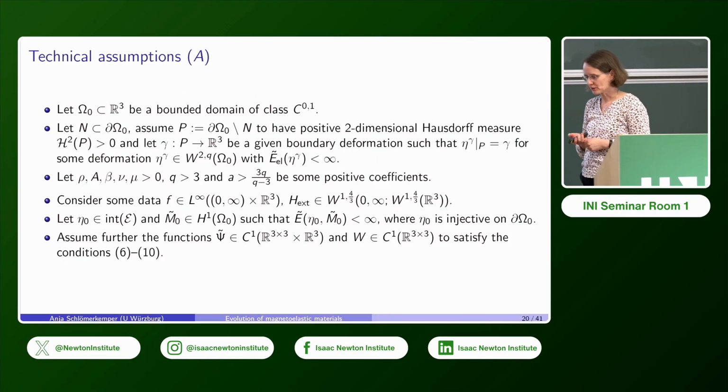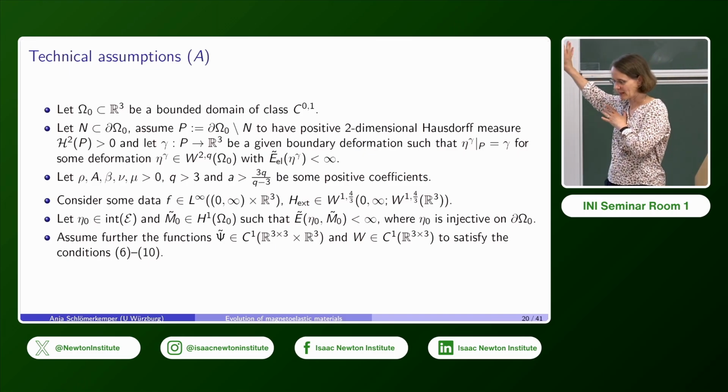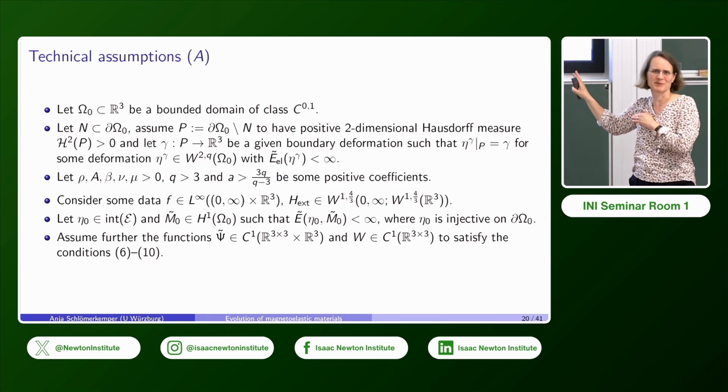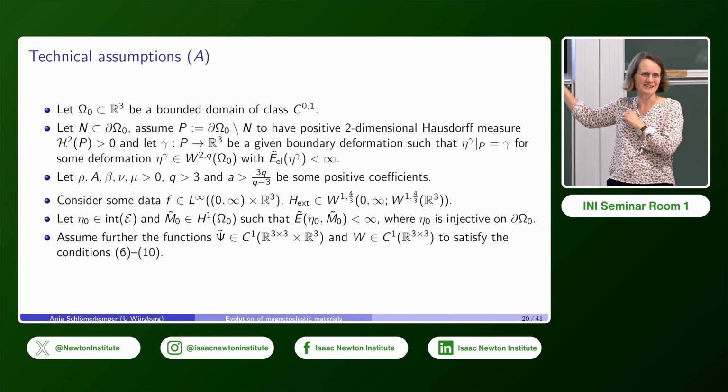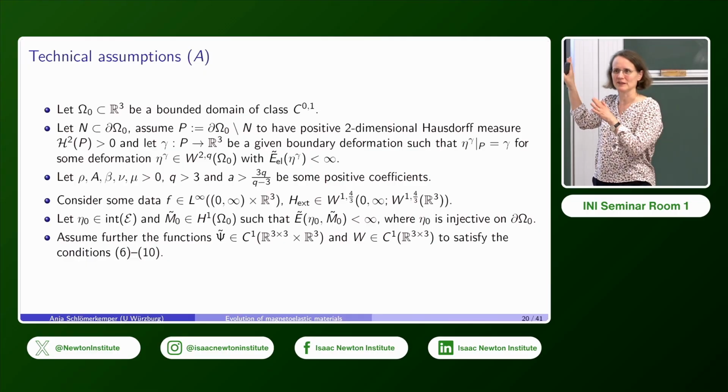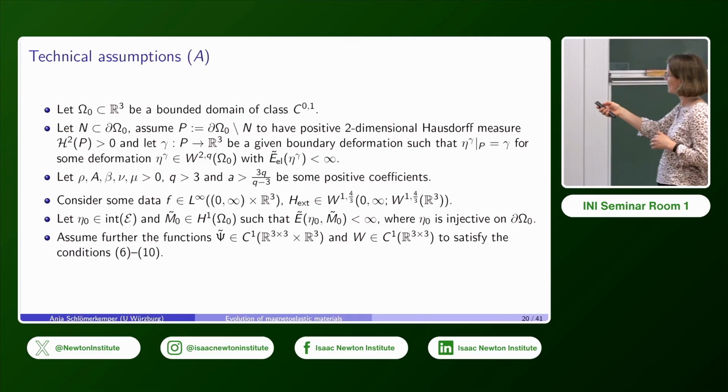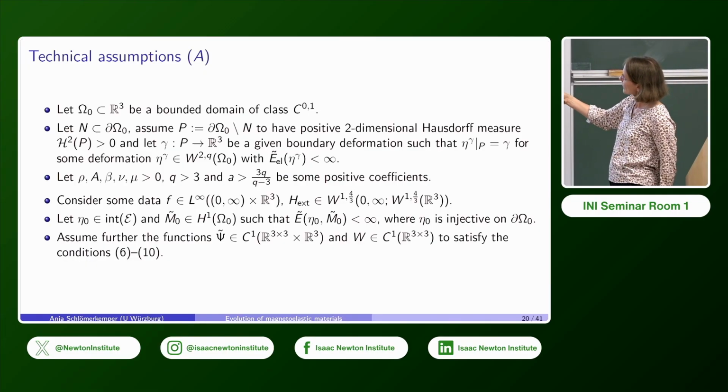In the big formulation, again, I have just one slide with all these assumptions, which maybe I don't want you to even read. It's just the technical assumptions that we need on the domain, that we need on the boundary. We need certain parameters to satisfy some conditions.